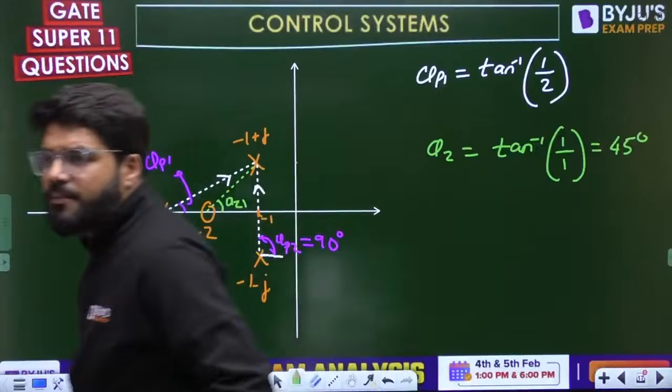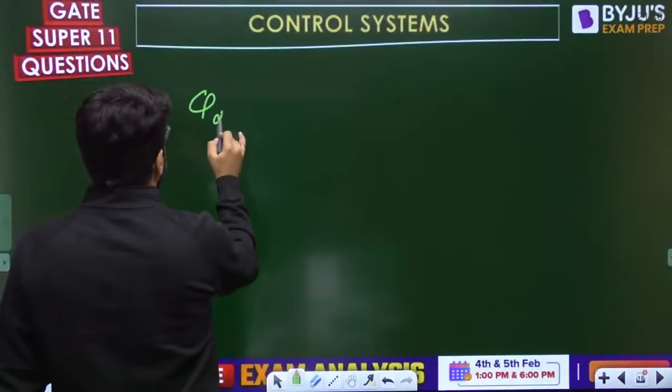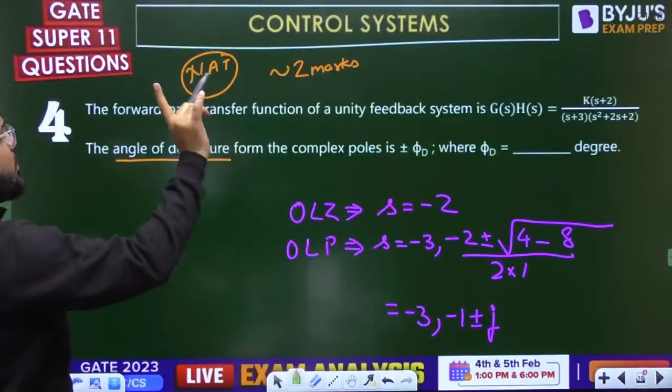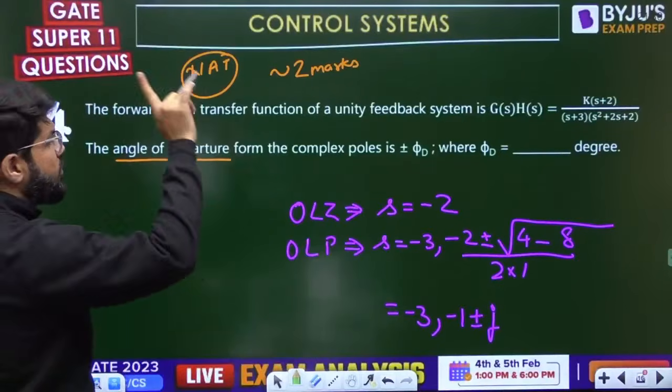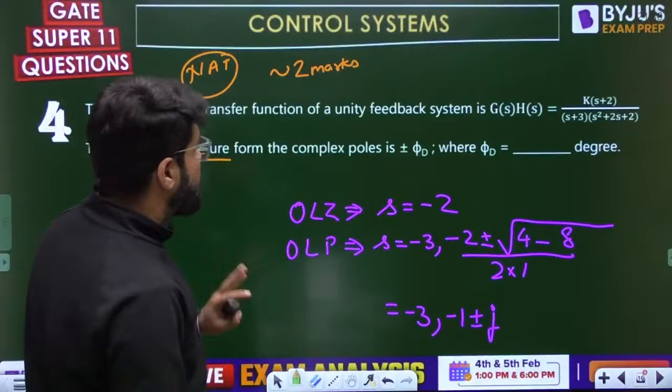Now, what is the formula for angle of departure? Angle of departure is given by 180 degrees. The forward path transfer function of a unity feedback system, and gain k nothing mentioned, so k will be positive only by default.